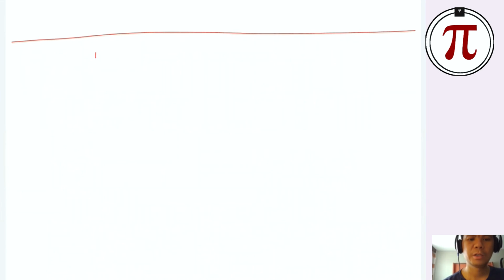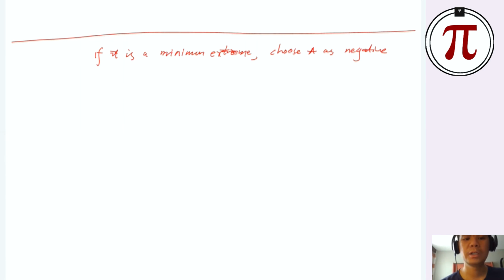So if it is a minimum extreme value, choose A as negative, right? Otherwise, choose A as positive, right? Choose A as positive.